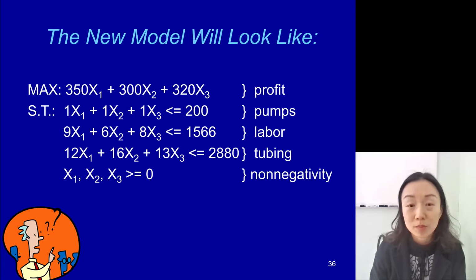Now, if we want to double check it, we would create a new model by adding this new decision variable x3 that represents the number of Typhoon Lagoon to produce to this model here. So in the objective function, we have 320 multiplied by x3, and we also add the resource needed to produce this third type of hot tub into these 3 constraints and the non-negativity.